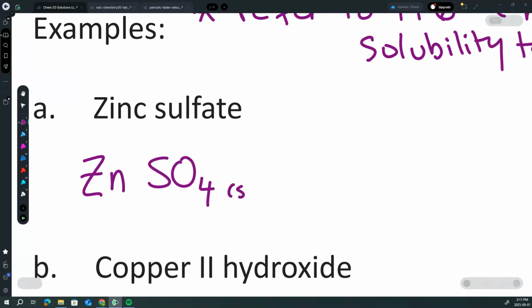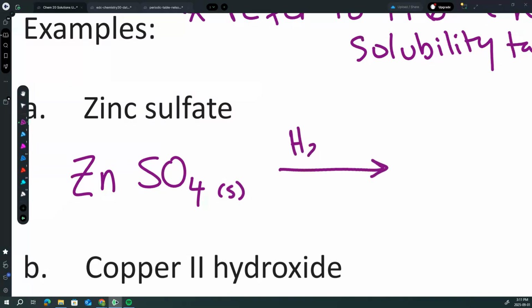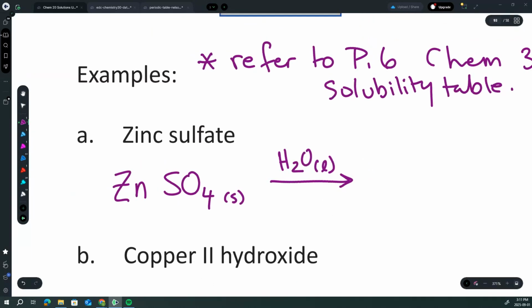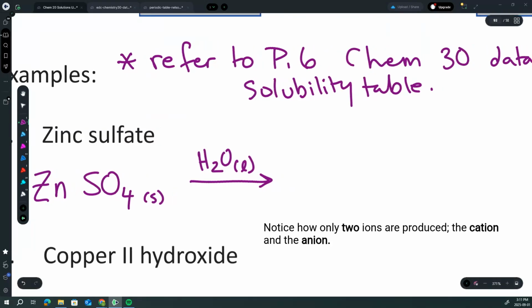All right. So what these examples are trying to get us to do is to write an equation for what happens when we put these substances in water. So I'm going to write water liquid just above the arrow. And because zinc sulfate is soluble in water, we're going to write a dissociation equation.